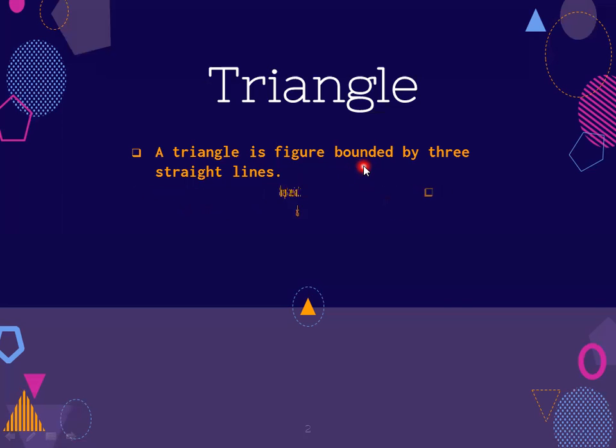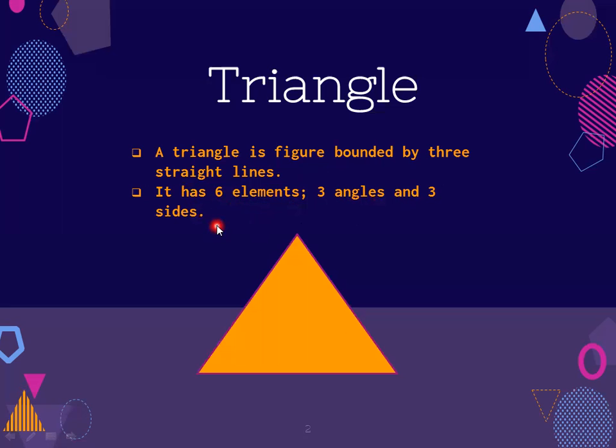After that, it has six elements. Okay, six elements, out of which three are angles and three are sides. Now let's consider this one. This is basically a triangle. Why are we saying it's a triangle? Because it is bounded by three straight lines, and it has six elements. Now what are those six elements?